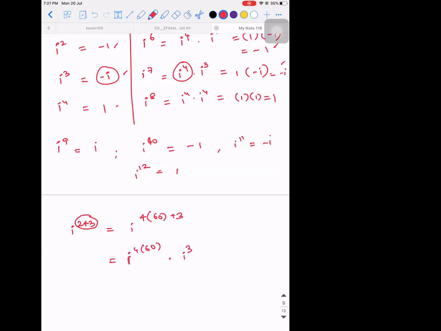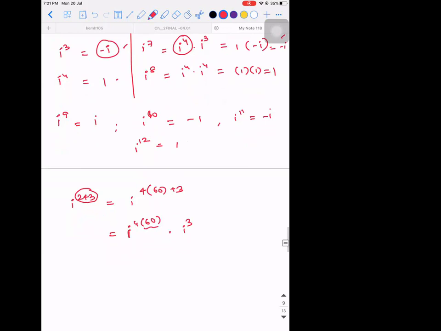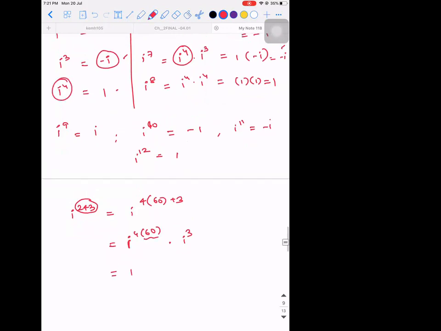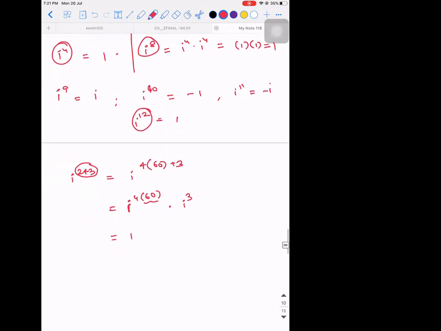Because the powers are getting added, the base should be the same. So i power 4 into anything is 1, because you observe i power 4 is 1, i power 8 is 1, i power 12 is 1. Into, what is the value of i cube? Minus i. So the answer is minus i.